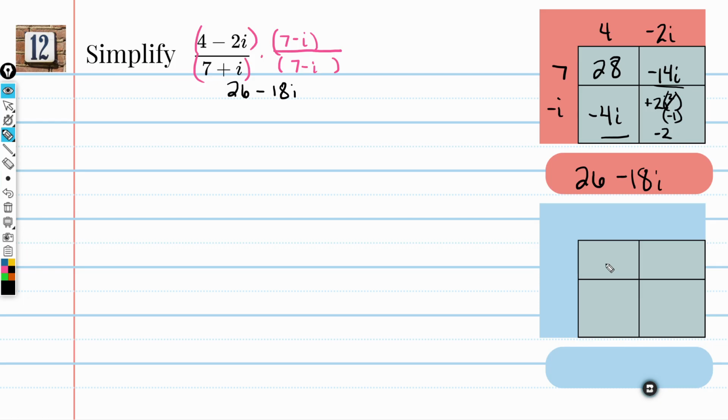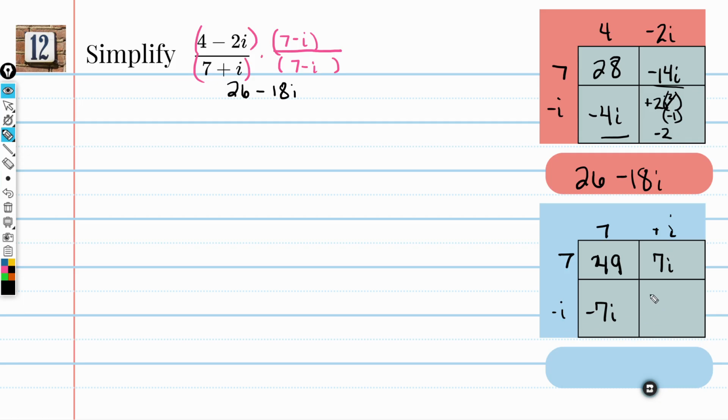Now let's work on our denominator. And we end up with a 7 minus I times a 7 plus I. 7 times 7 is 49. 7 times negative I is negative 7I. 7 times positive I is a positive 7I.